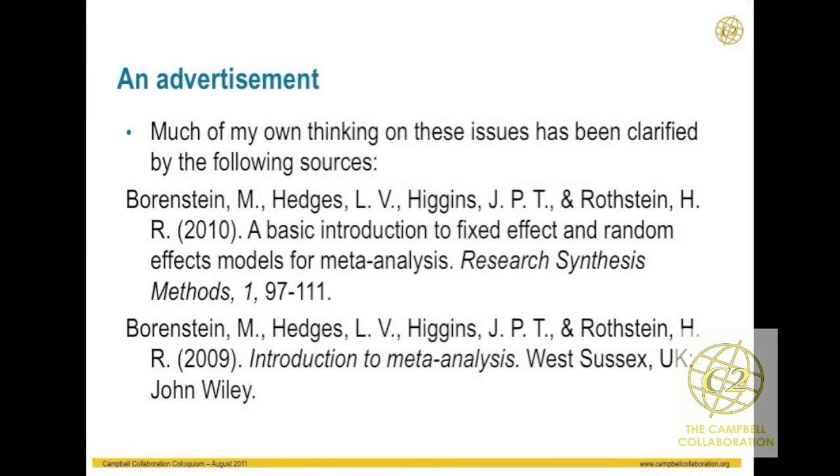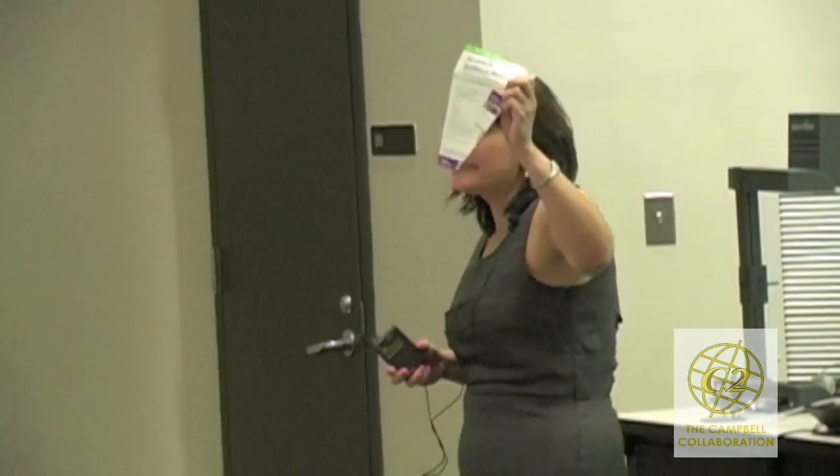So here's the advertisement. Much of my own thinking about this has really been clarified by the work of colleagues Borenstein, Hedges, Higgins, and Rothstein. There's one paper in the journal that David Wilson talked about. And right now this journal is open access for another year or so, so you can get that from the website.